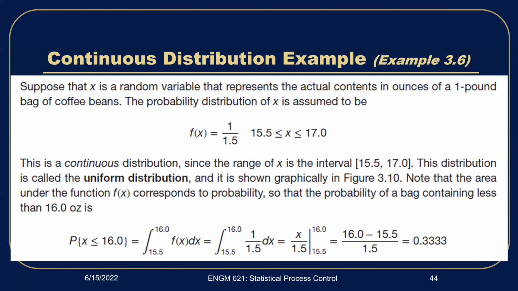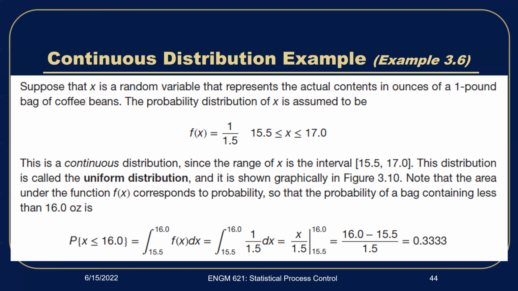Now let's look at a continuous distribution example. Suppose that X is a random variable that represents the actual contents in ounces of a 1-pound bag of coffee beans. The probability distribution of X is assumed to be f(x) equals 1 over 1.5, where X ranges from 15.5 to 17.